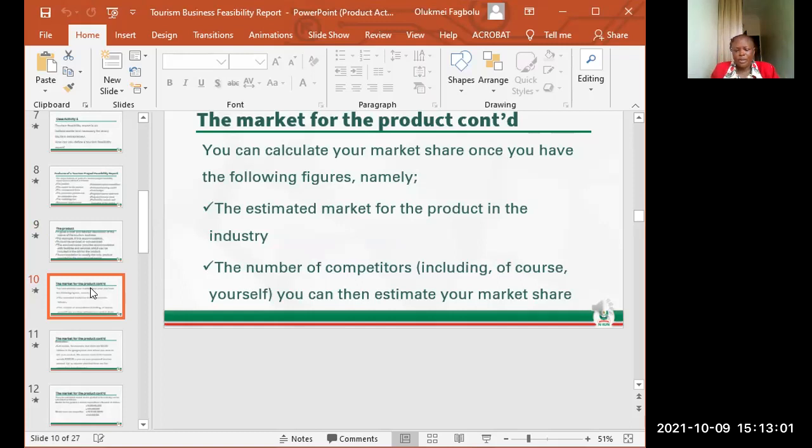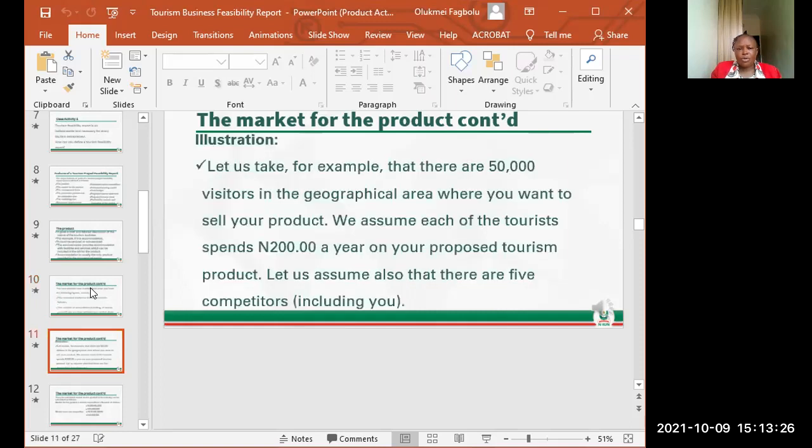Competitors. And when we are looking at the market for the product, we look at the competitors holistically: those that are already offering the product and the new person that wants to venture into that sector. They must know the number of competitors and also the possible number of visitors or consumers that will consume that product. It's important that we know them.